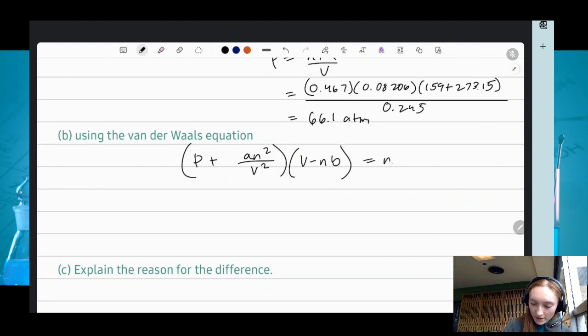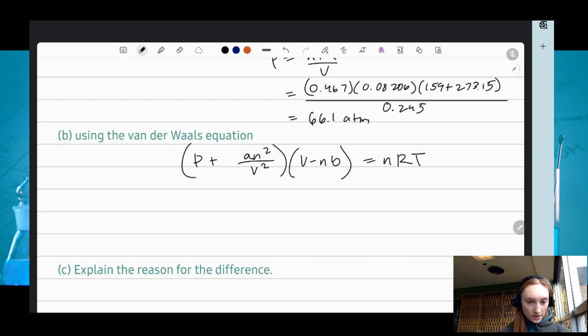Just as I was saying, this added term on P is accounting for the attraction of molecules, so there's going to be an increase in pressure. And if there is volume of the molecules themselves, so let's just say there's 2 liters, but the molecules themselves take up space, it is going to be less than 2 liters. So it's subtracting another term. And the nRT is going to stay the same.